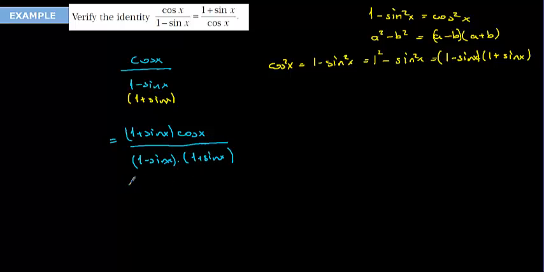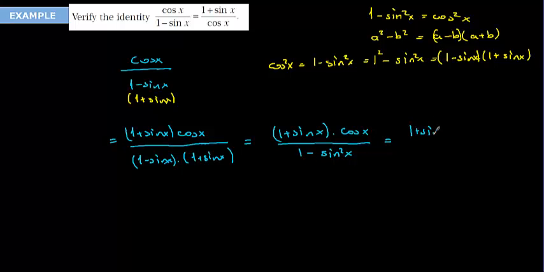Let's continue. Then 1 minus sin x times 1 plus sin x is equal to 1 squared minus sine square x, which is equal to cosine square x.